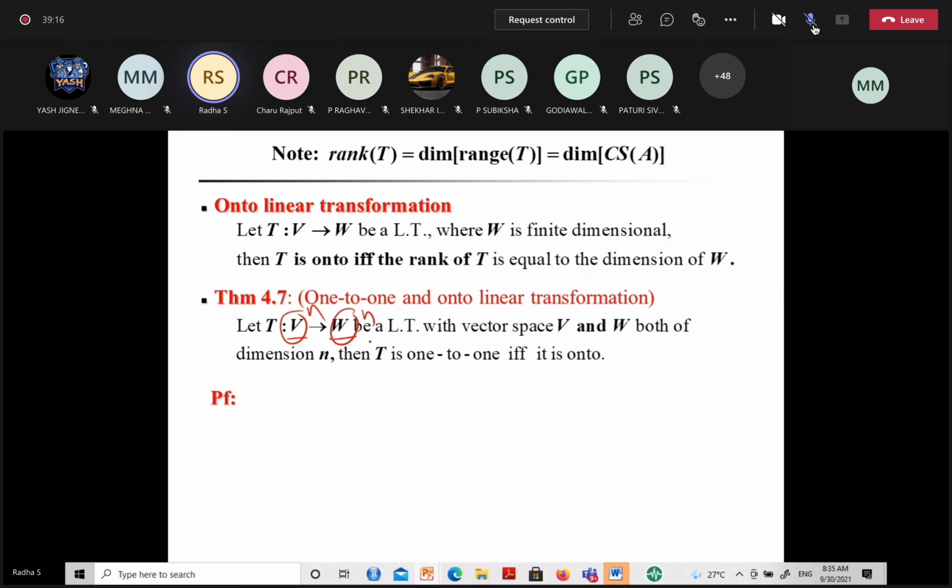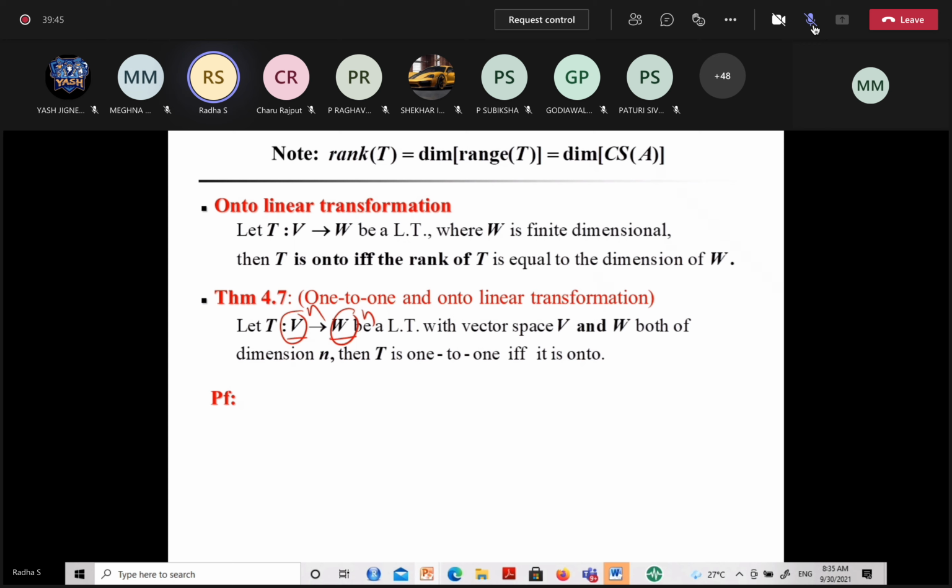Now I am saying T is 1 to 1. Then automatically T is onto, because both have the same finite dimension. So if one is true, the other automatically becomes true. Similarly, if T from V to W is a linear transformation, both having the same dimension N, if T is onto, then automatically T becomes 1 to 1.